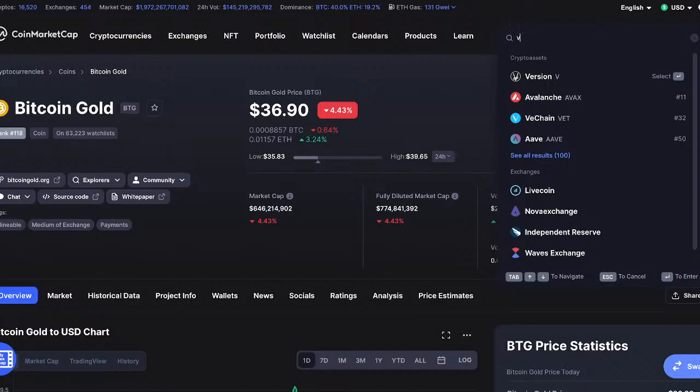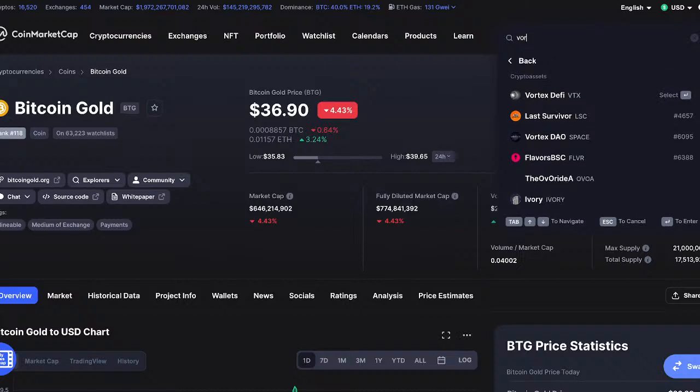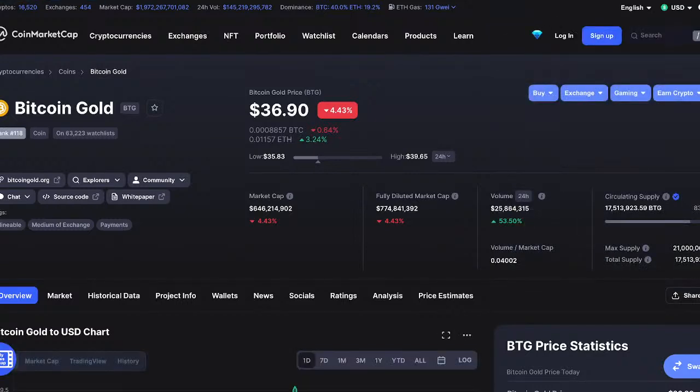Could you please once more send your request underneath so I could see what you clearly meant, because I'm not seeing any crypto so far with these exact abbreviations. MNGO, that could be Mango, but I don't think that's the cryptocurrency you mean. I'm sorry. If you could please once more send me what crypto you would like me to discuss, it won't be a problem at all.